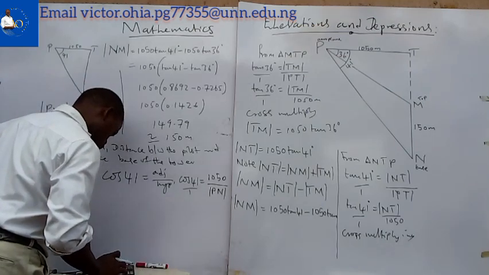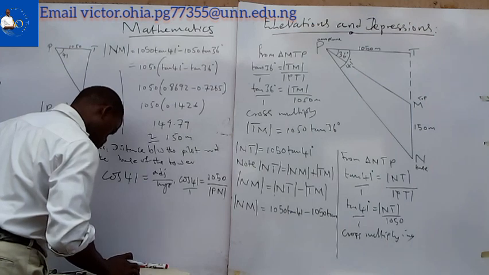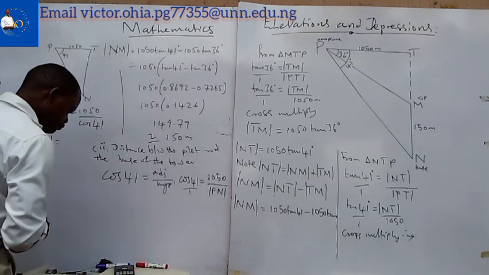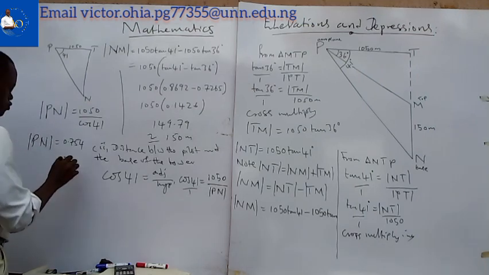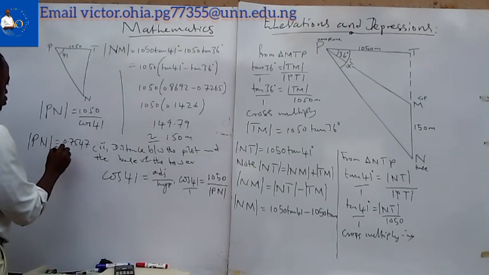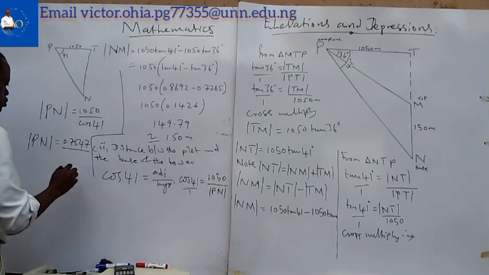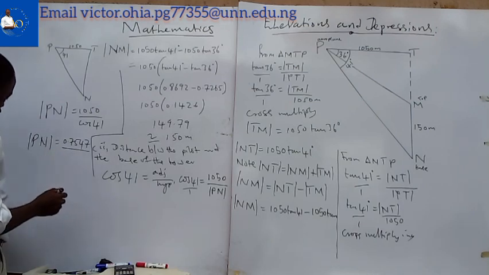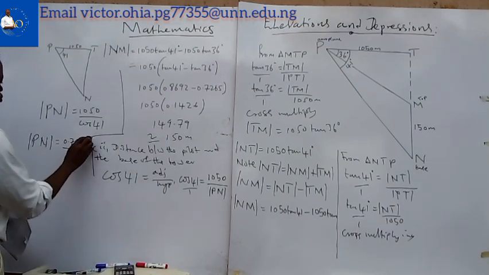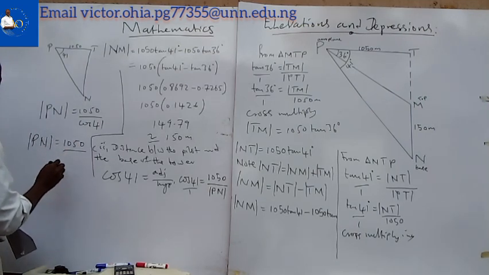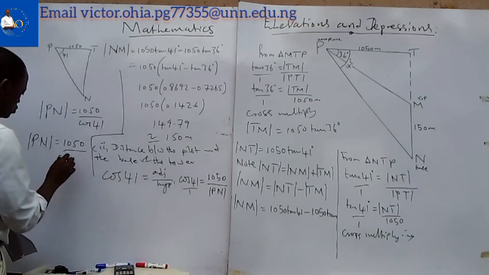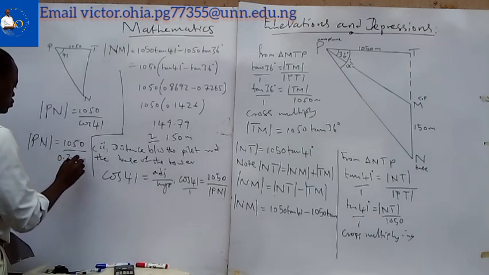So I'll check the value of cos 41. Cos 41 is equal to 0.7547. So this will be 1050 over 0.7547.